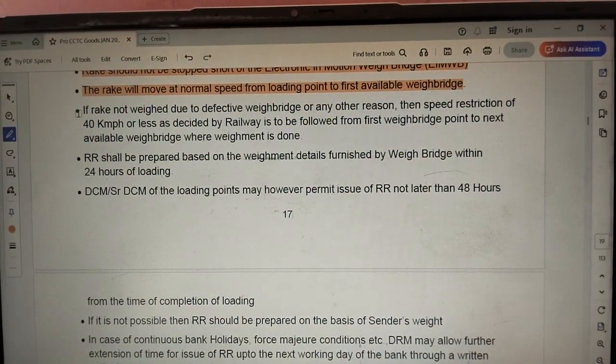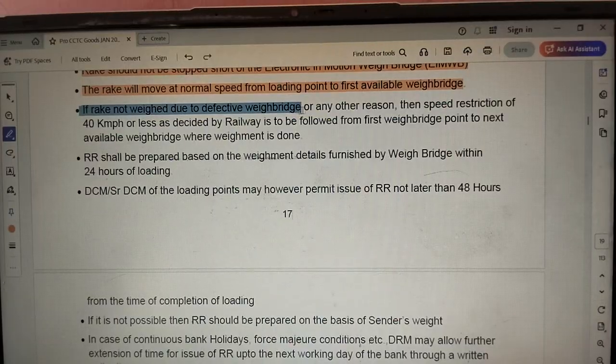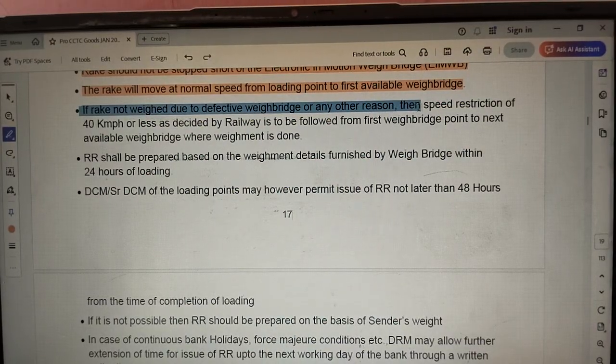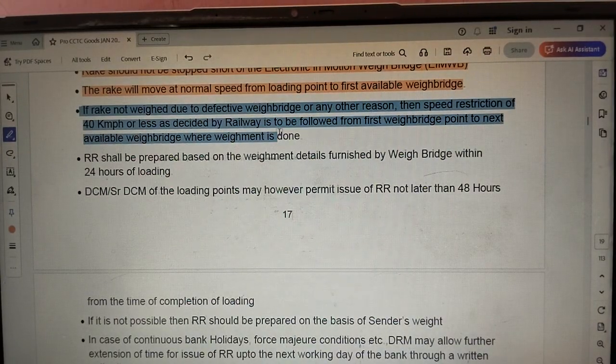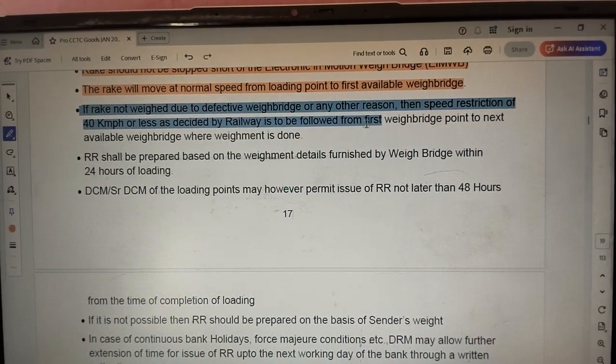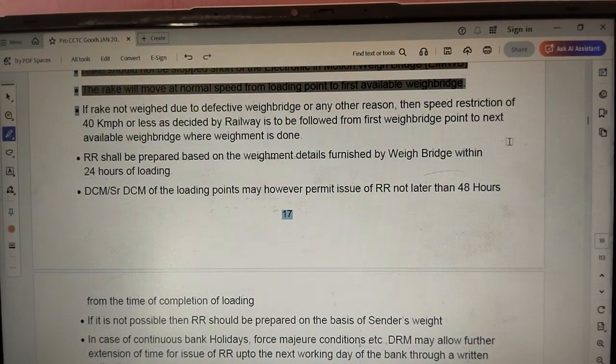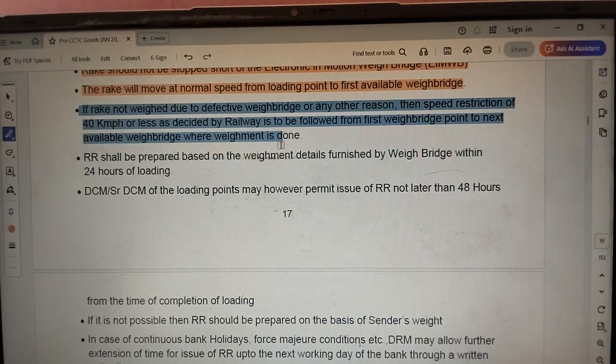If the rake is not weighed due to a defective weighbridge or any other reason, then a speed restriction of 40 kmph or less, as prescribed by the railway, is to be followed from the first weighbridge to the next weighbridge point where weighment is done.